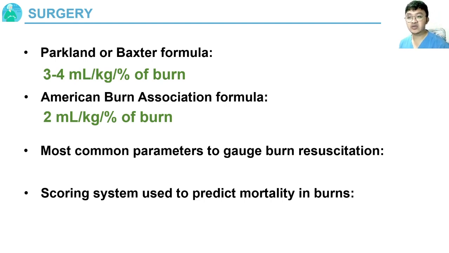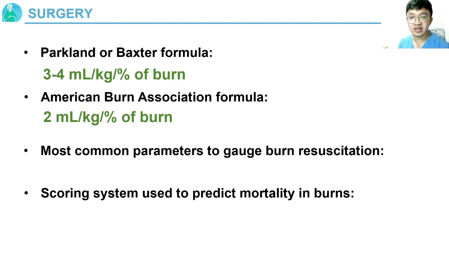Right? So the confusion arises because our more recent references are teaching us that 2 ml per kilogram per percent of burn is actually the correct answer. So I believe if you are asked in the exam to solve for the hydration for a patient who has burns and they specify ABA or modified Parkland's, you should answer 2 cc per kilogram per percent of burn.